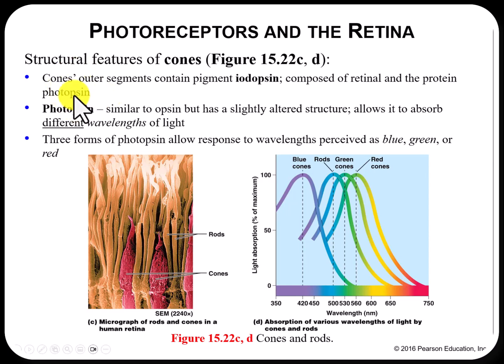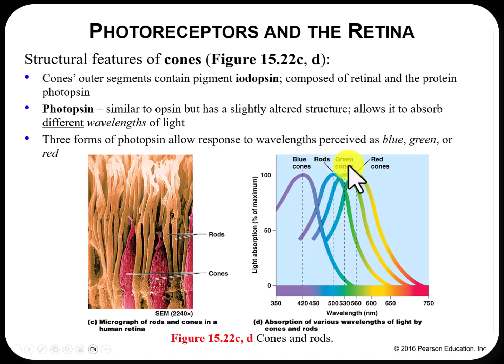And so cones contain a pigment, not the rhodopsin. The rods have the rhodopsin. The cones have something very similar called iodopsin, composed of retinal and the protein photopsin. Photopsin, similar to opsin, has a slightly altered structure which allows it to absorb the red, blue, and green that our cones see.